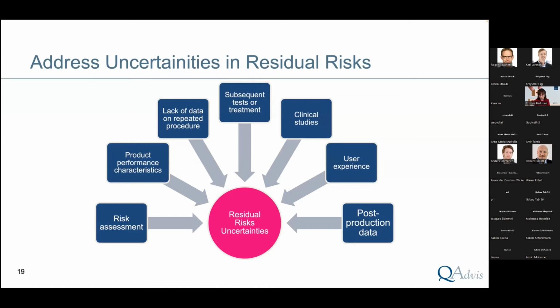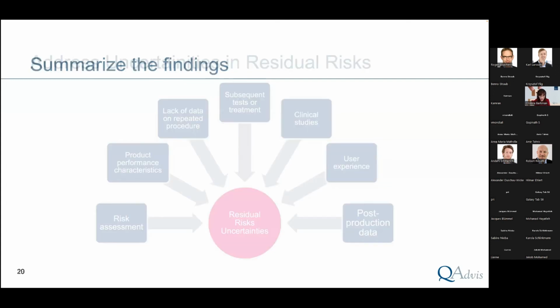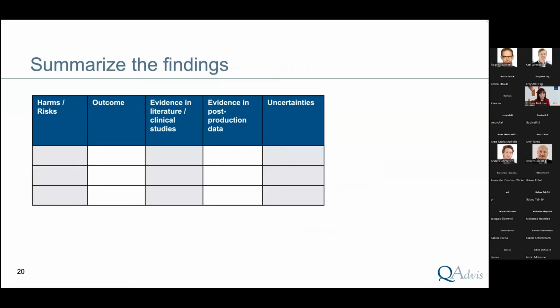So you would need to look into this aspect. And then you should summarize the findings, and you do it in a similar way as for the benefits. You should list your residual risk. You could group them, of course. And then you should document what is the expected outcome.